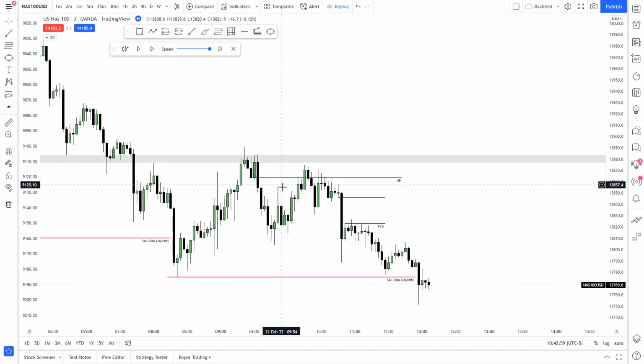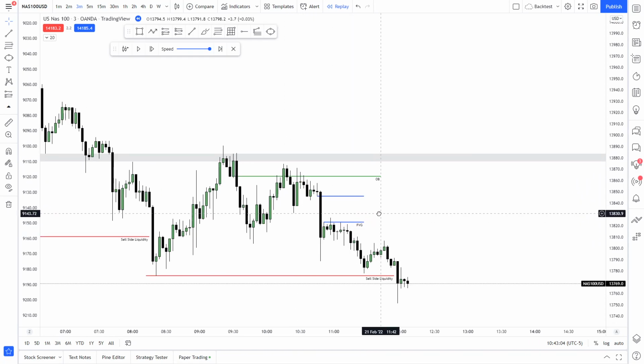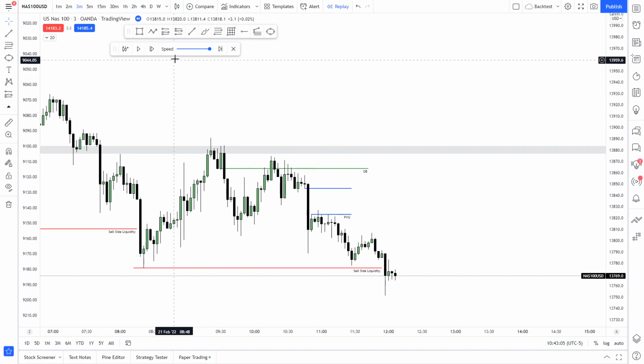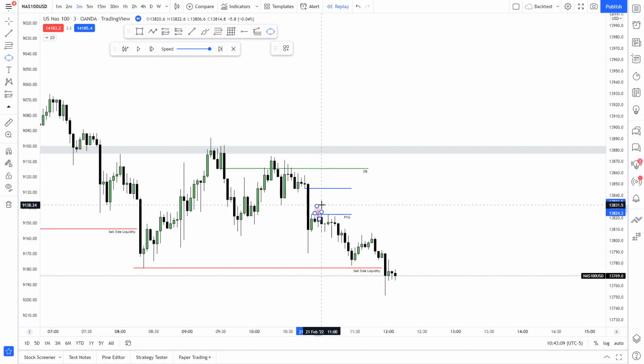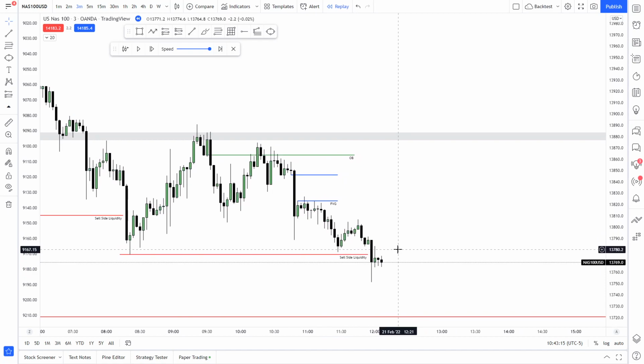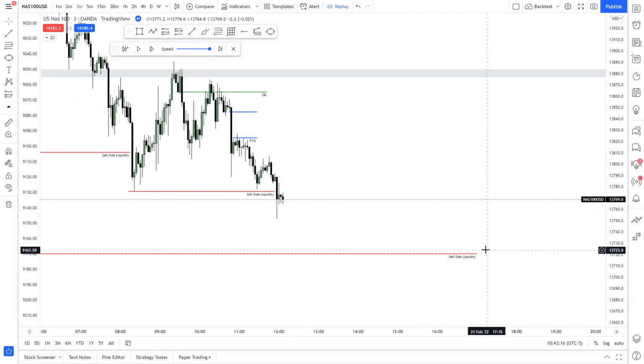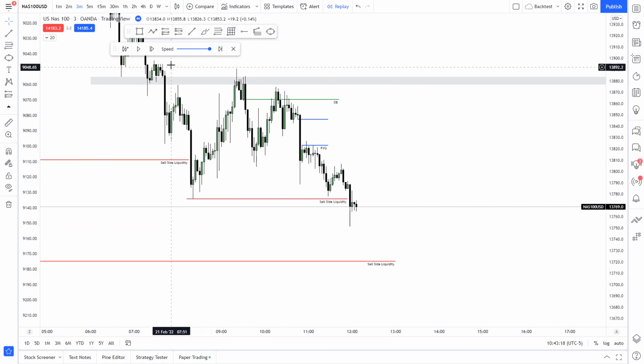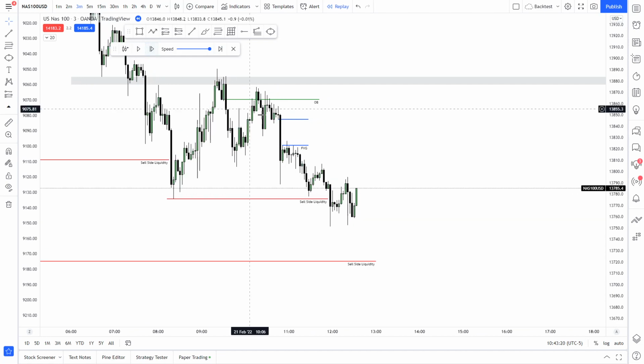And then price went down. I was looking for a displacement for a re-entry with an FVG. And then right here where I showed you would have been your entry, safer entry. And you just aim for sell side liquidity, and you'd aim for this area here. Let's see if you would have gotten this area below.